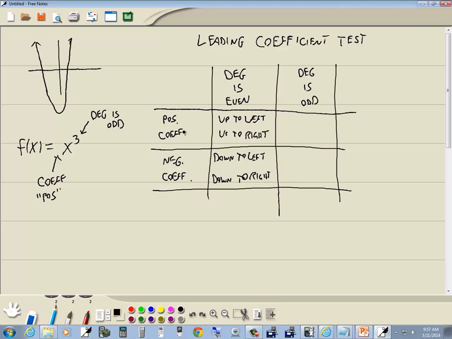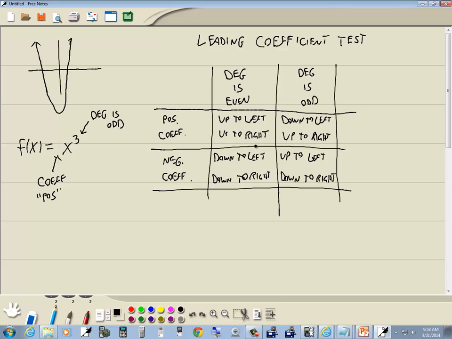If our degree is odd and we have a positive coefficient, that means it's down to the left, up to the right. And if our degree is odd and we have a negative coefficient, that means it's up to the left and down to the right, assuming you can actually read my writing.